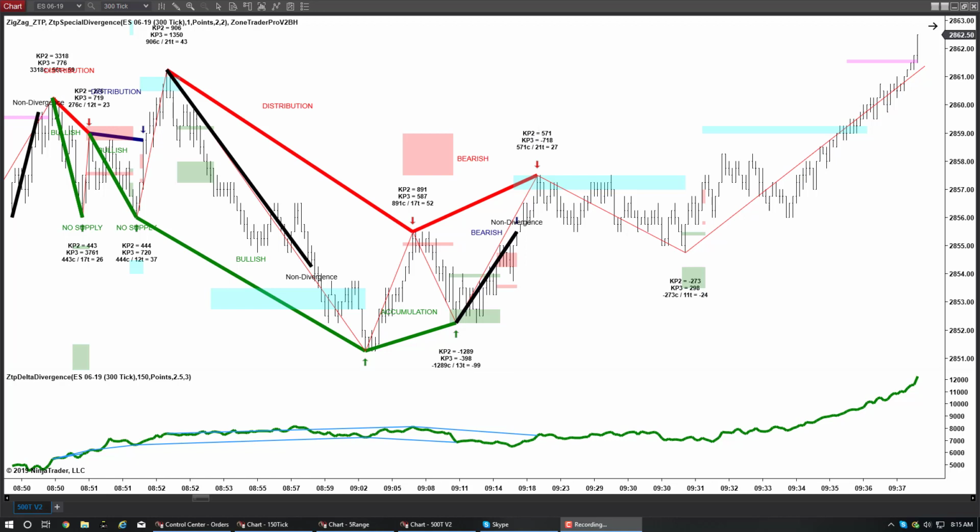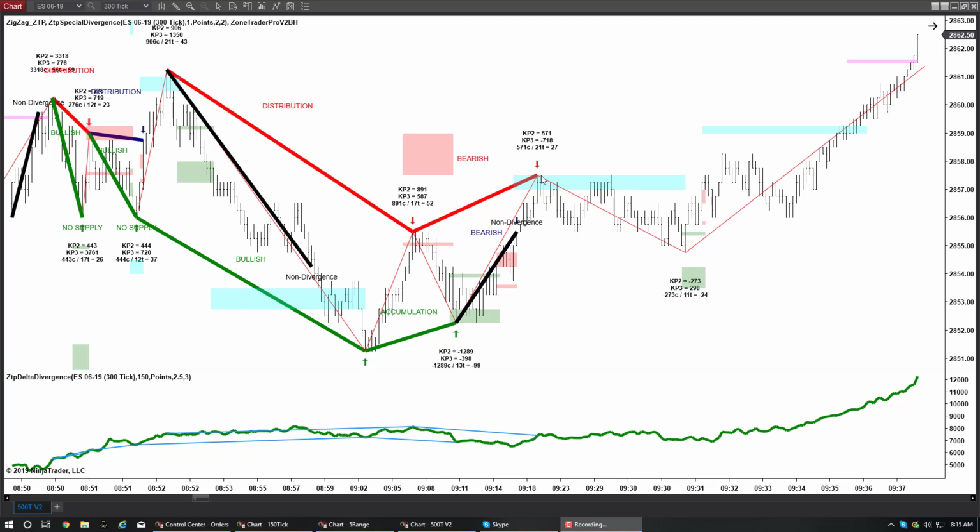So you have to ask yourself, do you really want to take this bearish divergence trade in light of the fact that contracts are being accumulated down here and pre-positioning on the open, and after your accumulation signal you received a very good KP2 number of 571.